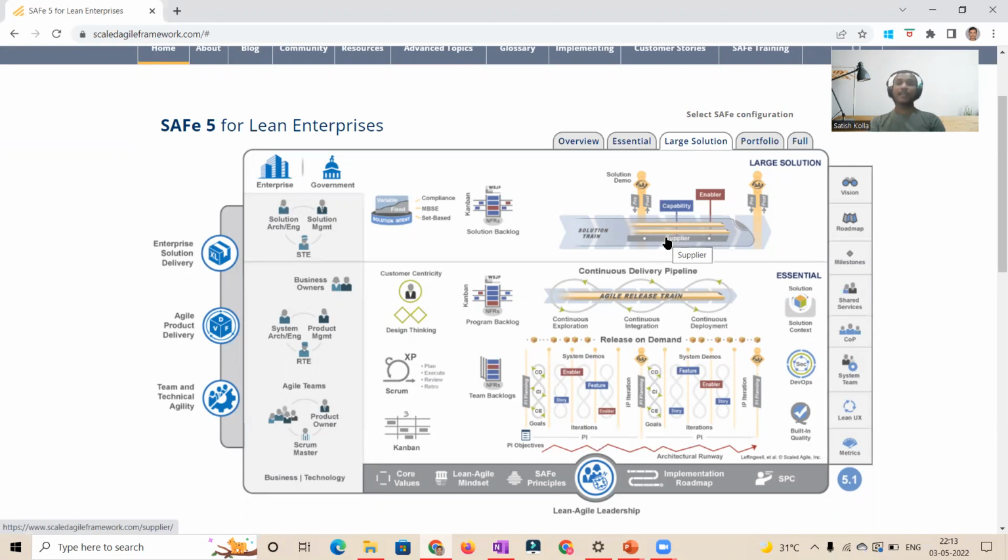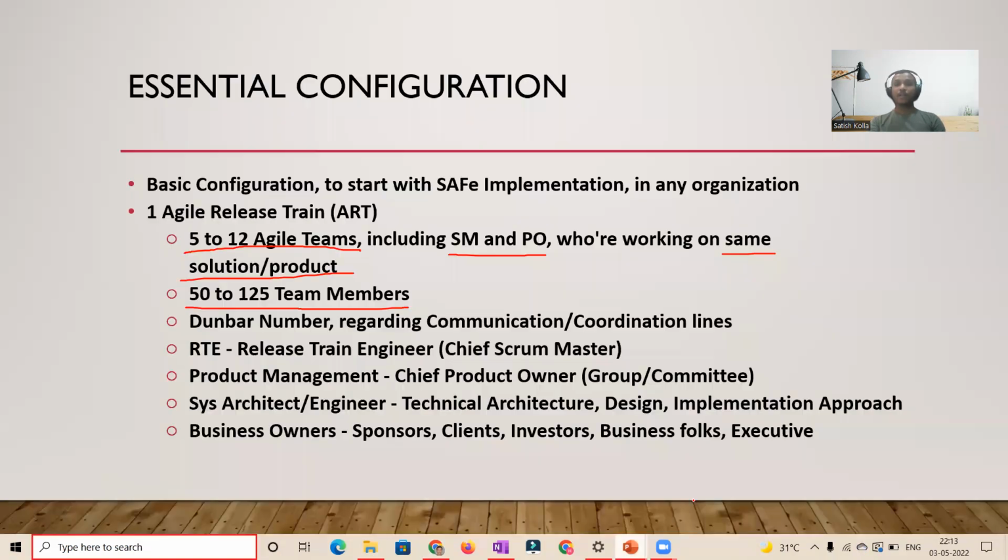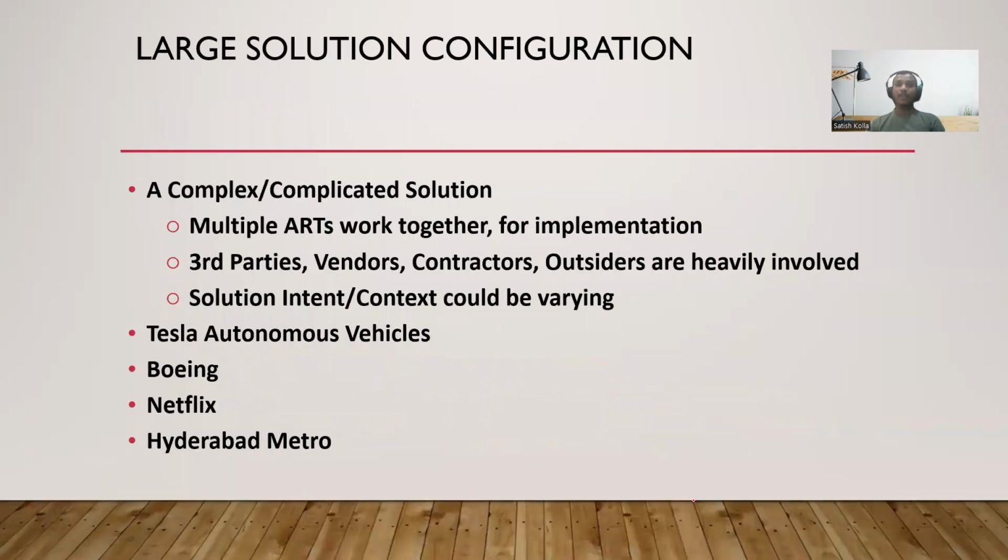When we say a large solution, we need multiple release trains from the implementation perspective. So we need help with coordination of third parties, vendors, contractors, and suppliers who are outside the organization. They might not be working within the organization, but they are still needed to get that large solution implemented.